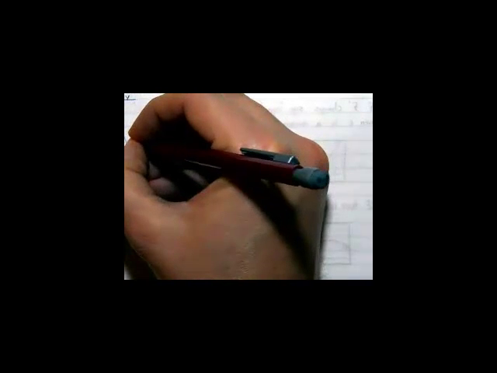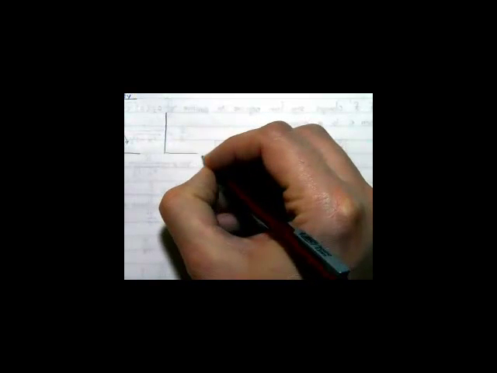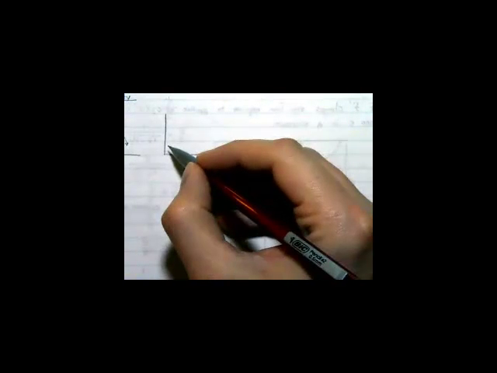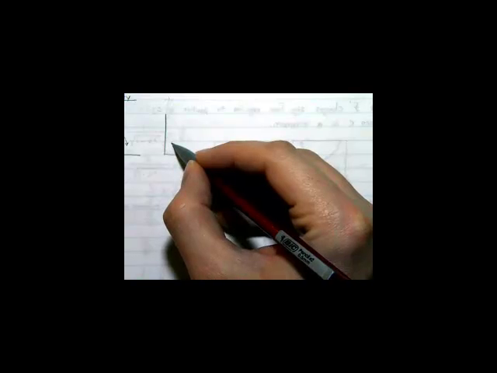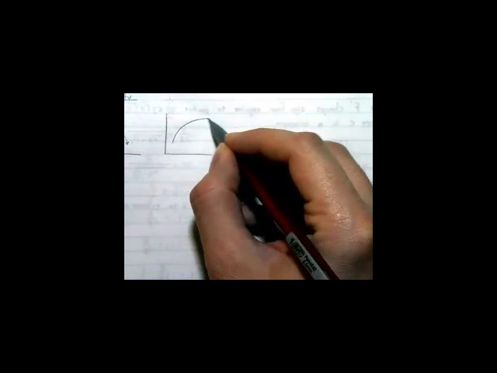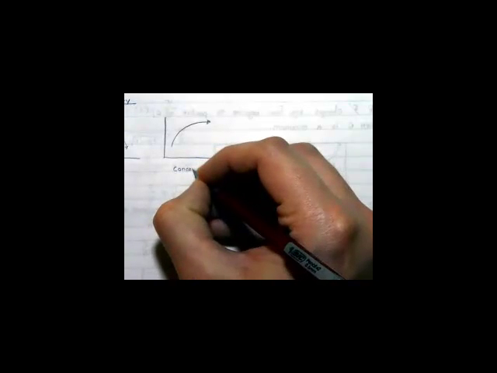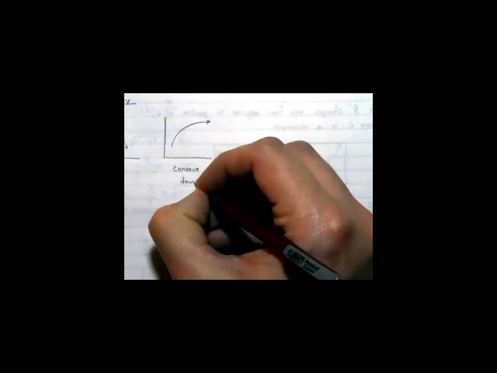And concave down can happen like with this one, when a function is decreasing. But a function can also be concave down when a function is increasing. So it would look something like that. That's also concave down. Do you guys see how those two are related?